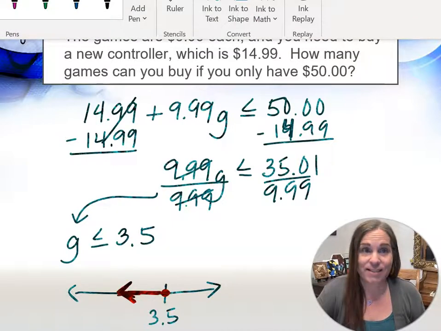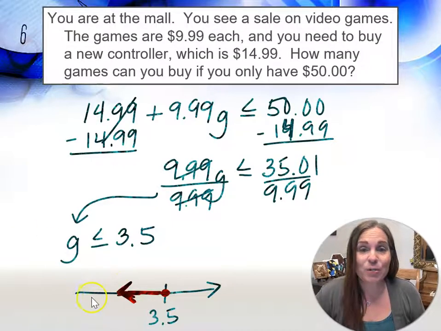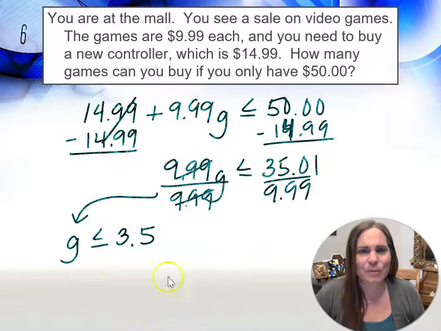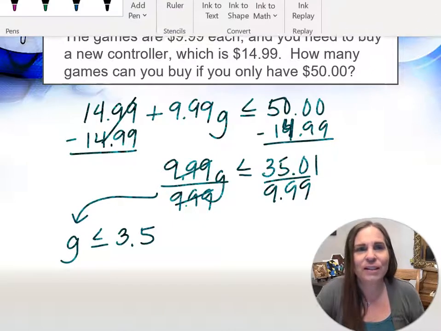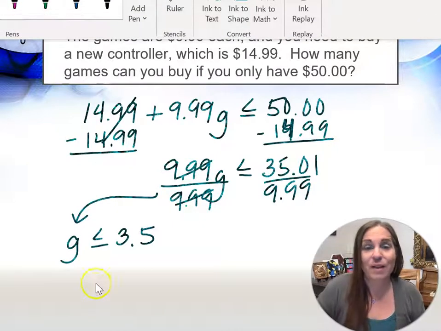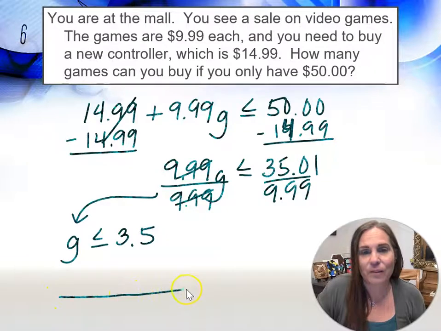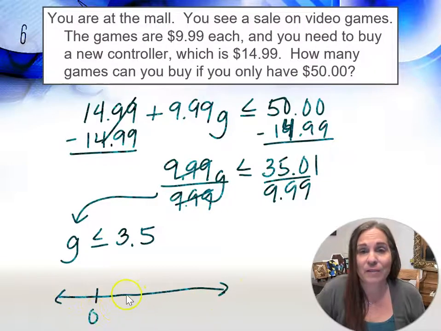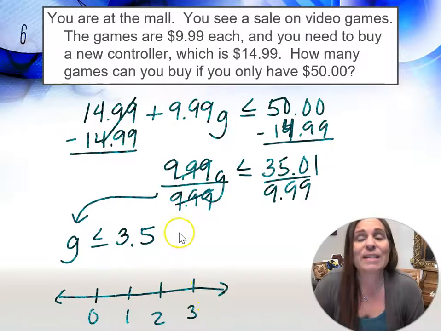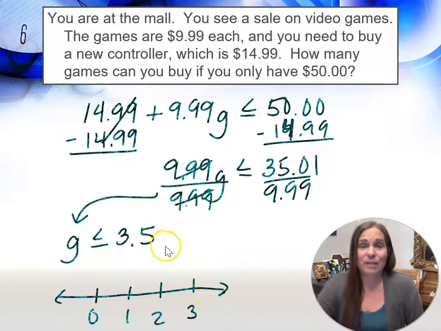But it is. So since this is a real world situation and I know that I can't have decimal, fractional numbers of video games, I would do this a little differently. Here's my number line. I also can't buy negative games, right? So if G is less than 3.5, that means the most I could buy would be 3.5 games. But obviously I can't do that.